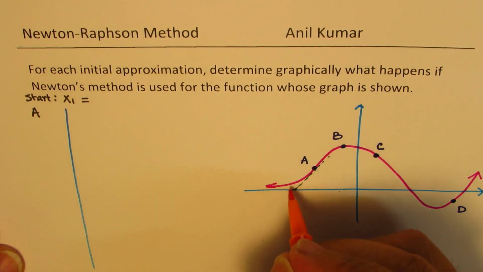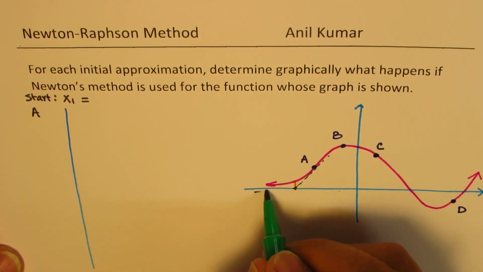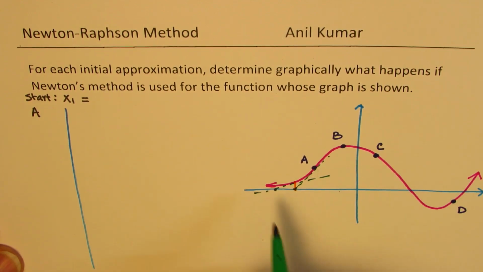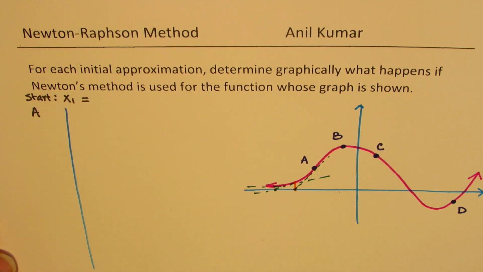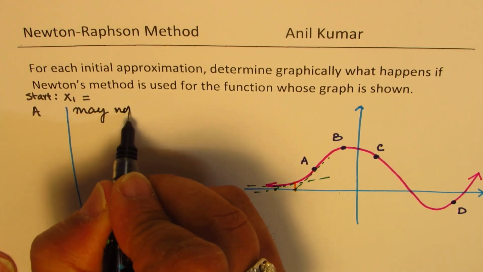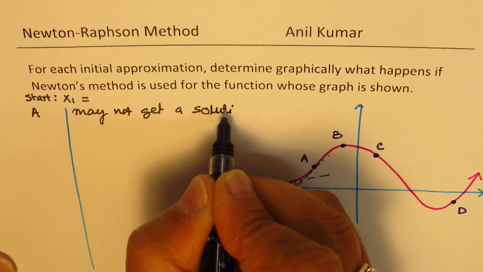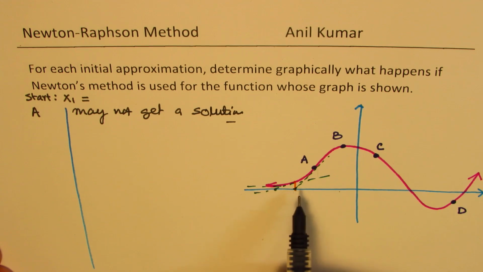Now from here, I can get the second value, and next tangent will be giving me somewhere there, and then we will have a horizontal tangent as it seems to be an asymptote, right? So in this particular side, we may not get a solution. Correct? So we do perform iterative process, but we do not get solution.